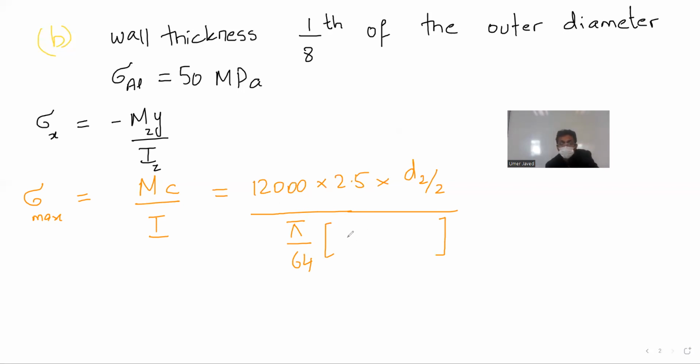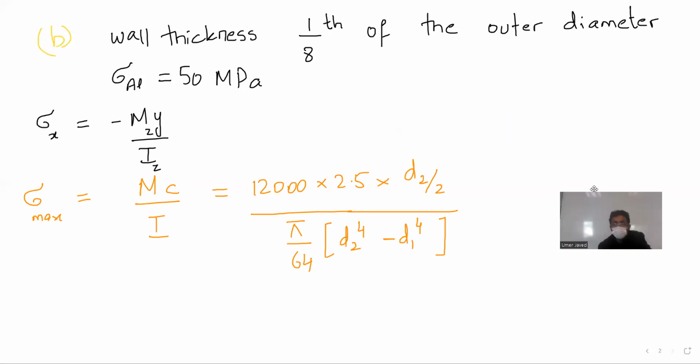So it will be d2 power 4 minus d1 power 4. Now, what is d2? d2 is given to me as wall thickness.